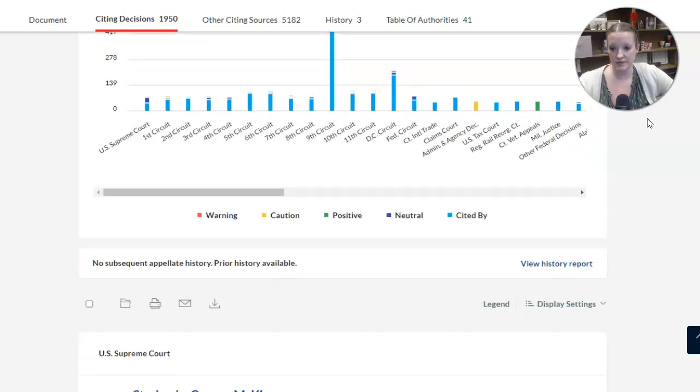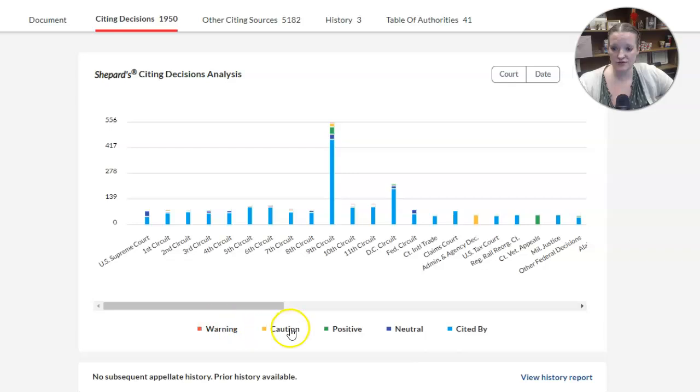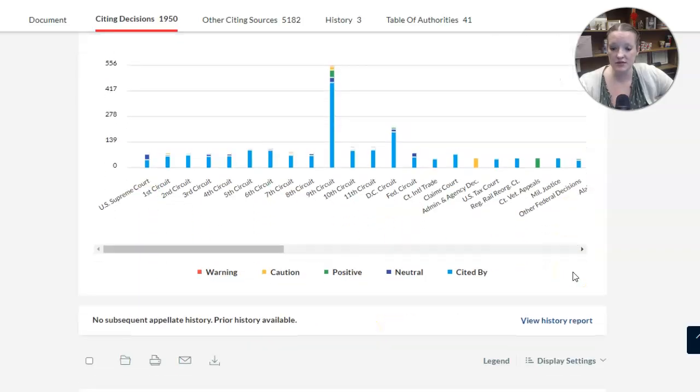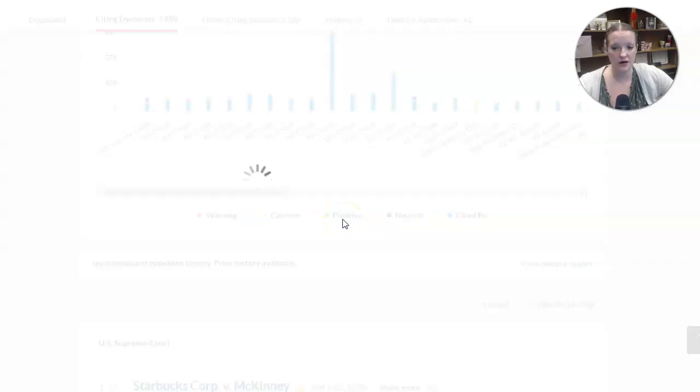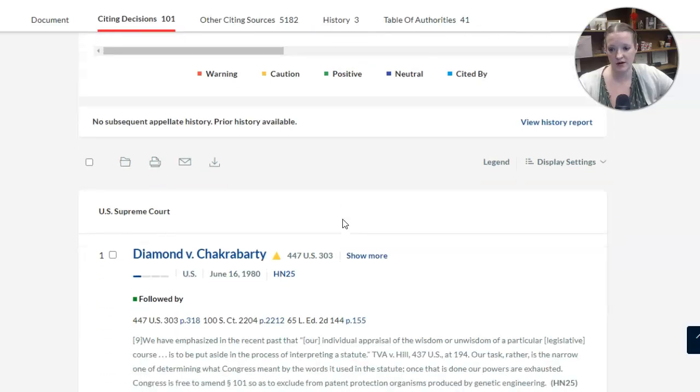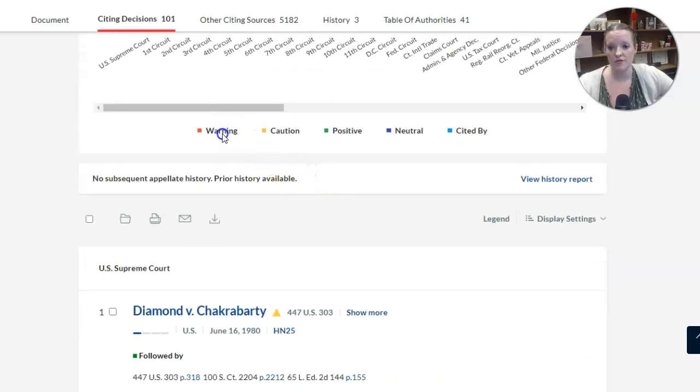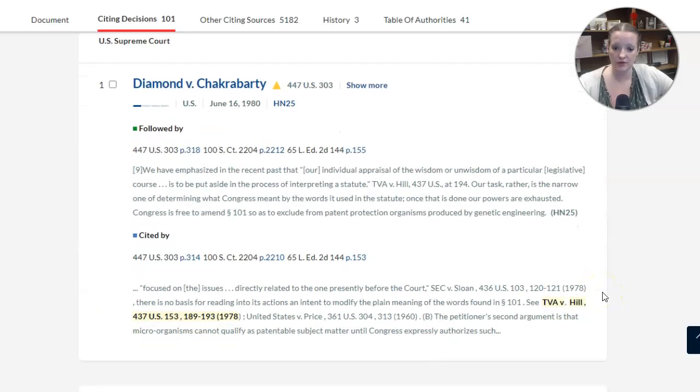Then you can see different types of treatment, right? So these are decisions from various jurisdictions that have cited our case. If you want to look at only those cases that have treated our case more positively, you can click there. Same thing with warning or caution. You can move into whatever type of treatment you want to focus on. As we saw with Westlaw, you can also look to the depth of discussion.